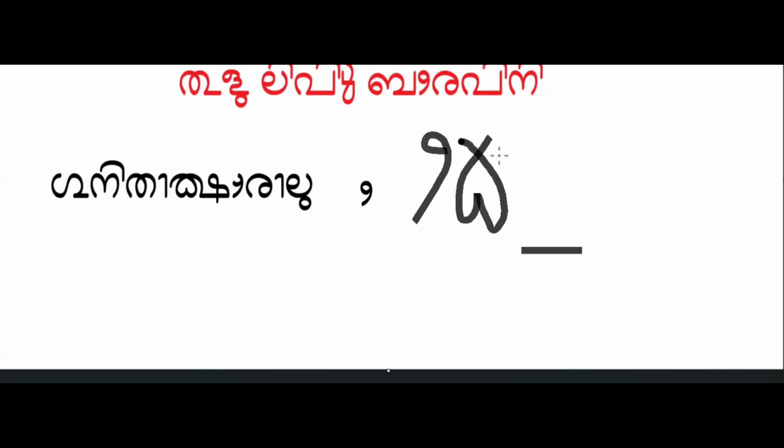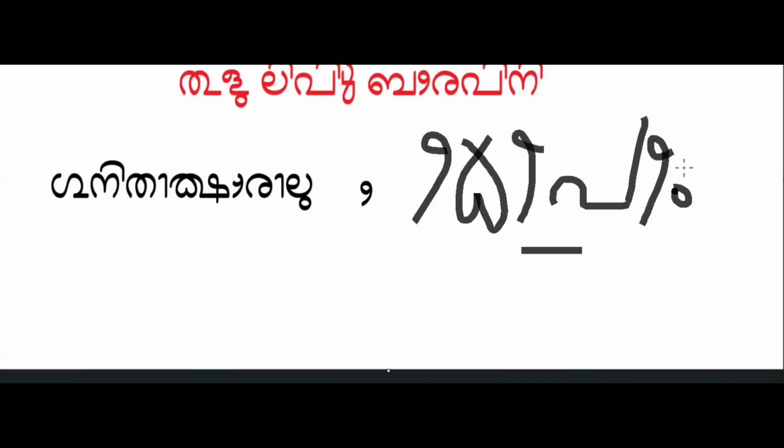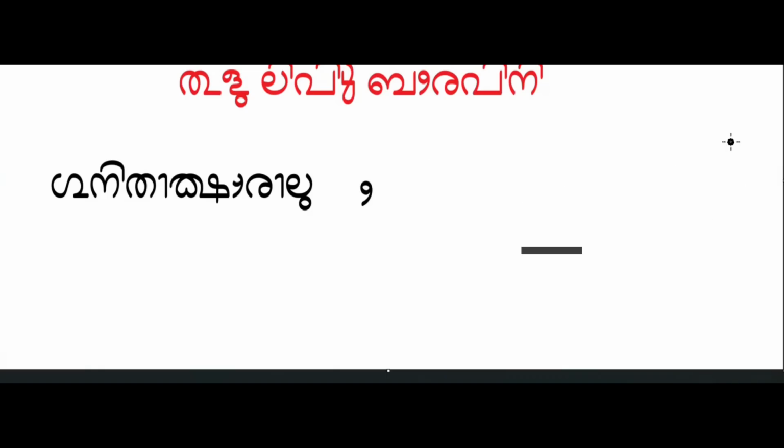Next, ai. This is the symbol for ai. K, P, B, like this. Next, this is the symbol for another vowel.